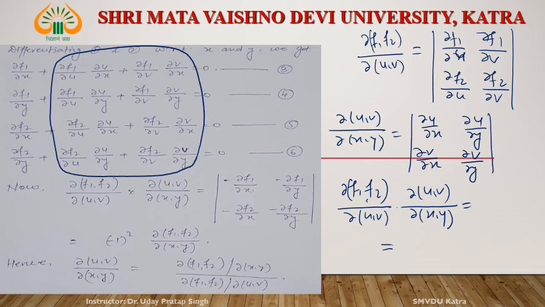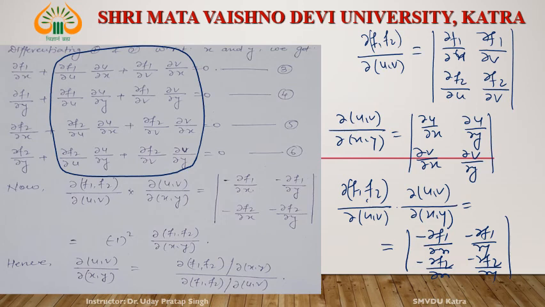Then this can be written as minus ∂f1/∂x, minus ∂f1/∂y, minus ∂f2/∂x, minus ∂f2/∂y.